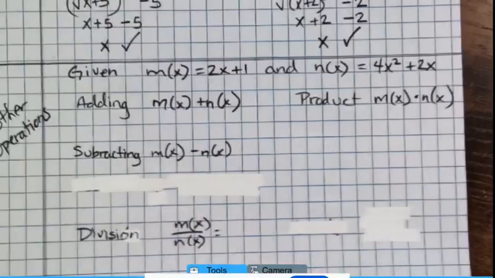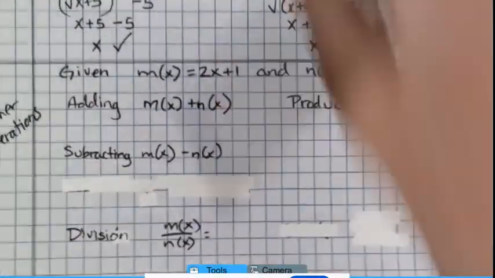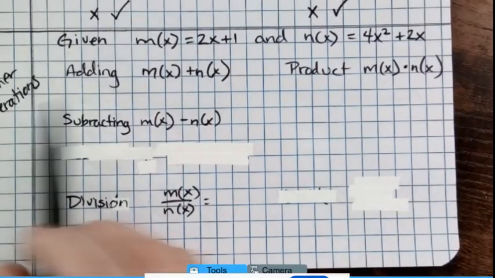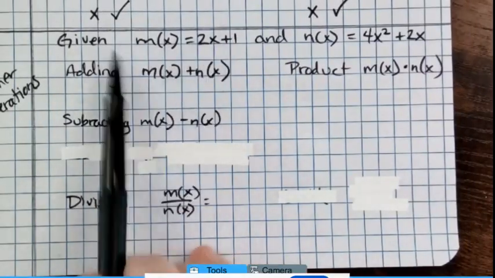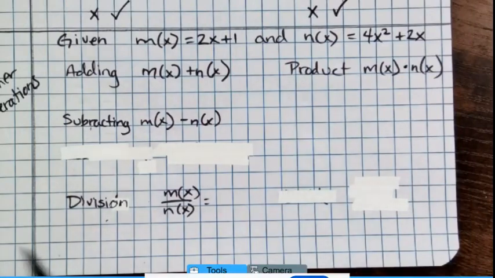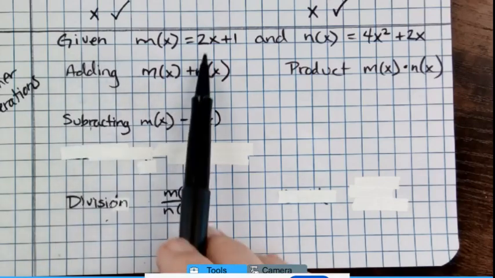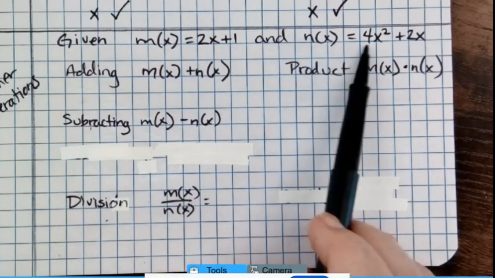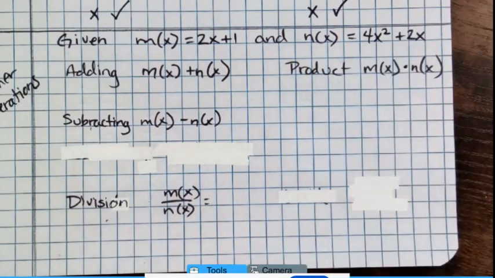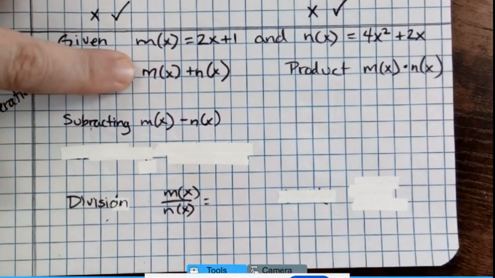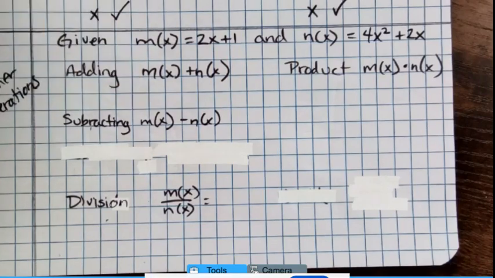Okay, last ones are other operations. So if you did ones where you plug them into each other, there are other operations. So we're going to do the 4 different operations with these 2 functions. So given m of x is equal to 2x plus 1 and n of x is equal to 4x squared plus 2x, we're going to add m of x plus n of x.